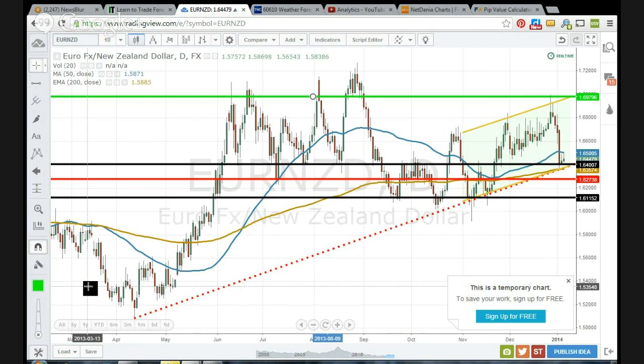So I'm just going to write this down for placing the actual trade. Euro, New Zealand dollar. We'll enter at 1.6400.